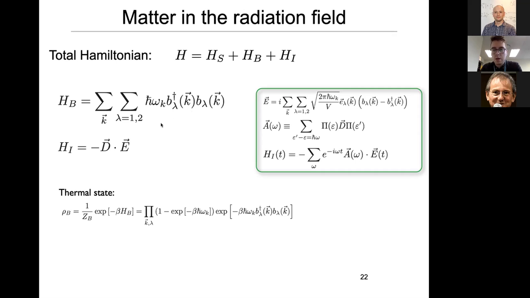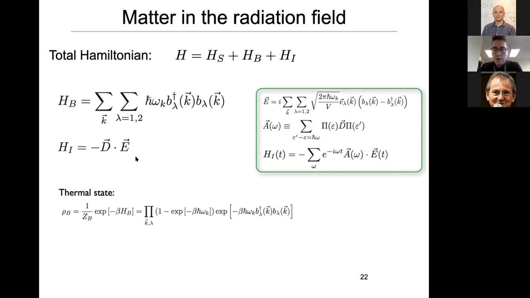Okay, so this is the Hamiltonian of our radiation field. At this point, we're not making any particular assumption about our open system. We're only assuming that our open system has a non-zero electric dipole moment, such that when it is placed in this electromagnetic field, there will be some interaction between the two.